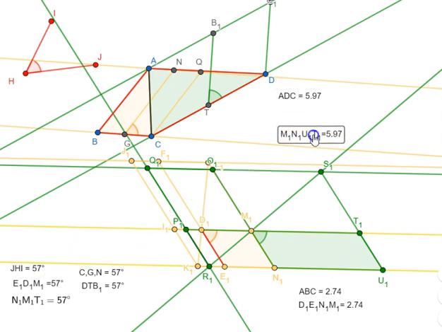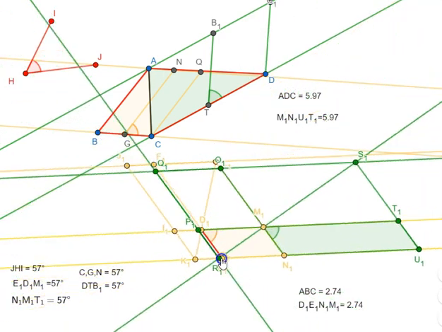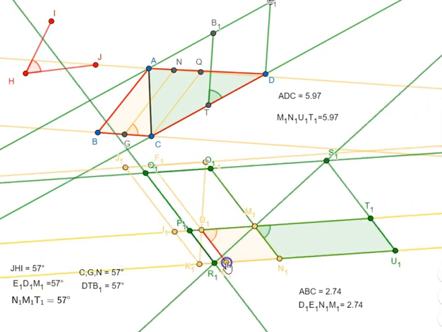And M1 N1 U1 T1, that is also 5.97 units. Again, just watch. Exactly same.